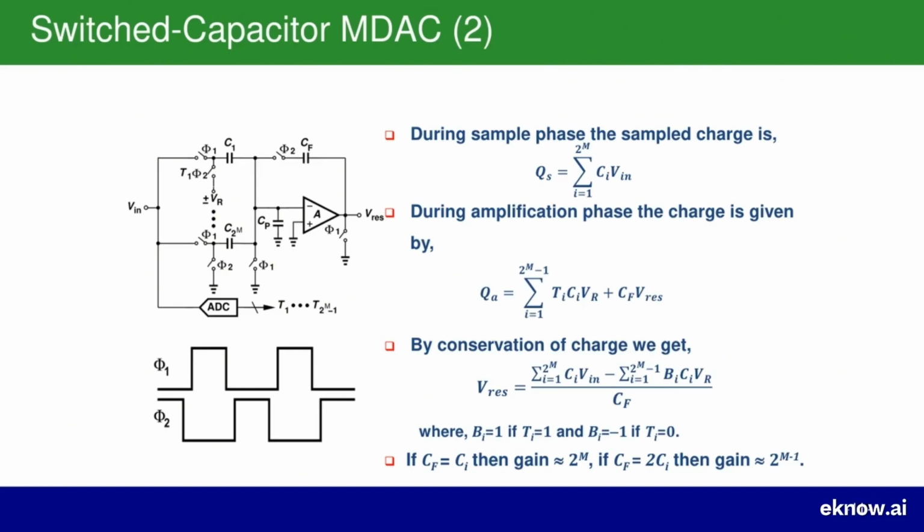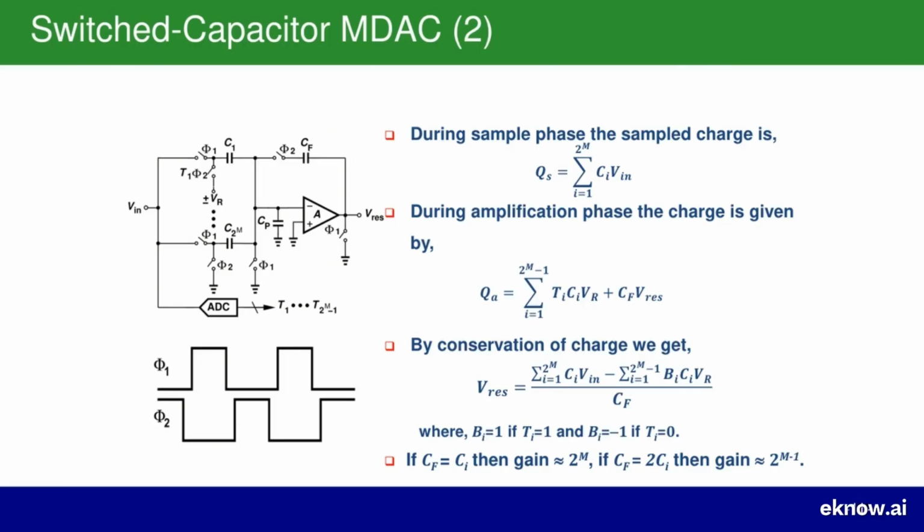No charge can enter or leave it. This means the total charge must be conserved between the two phases. So, the sampled charge QS from the first phase must be equal to the charge QA in the second phase. By setting QS equal to QA and rearranging the equation to solve for VRES, we get the final expression for the residue voltage.